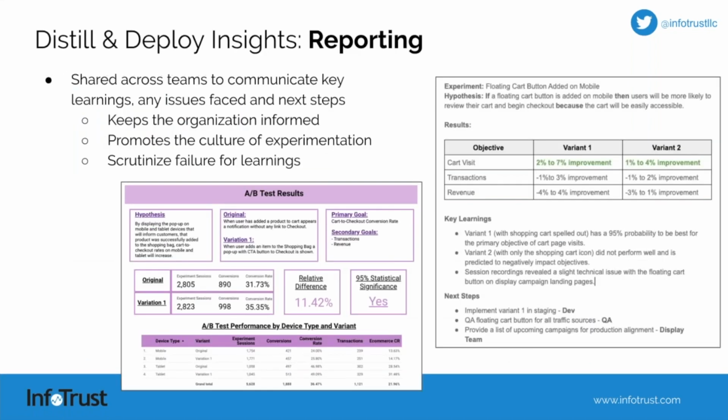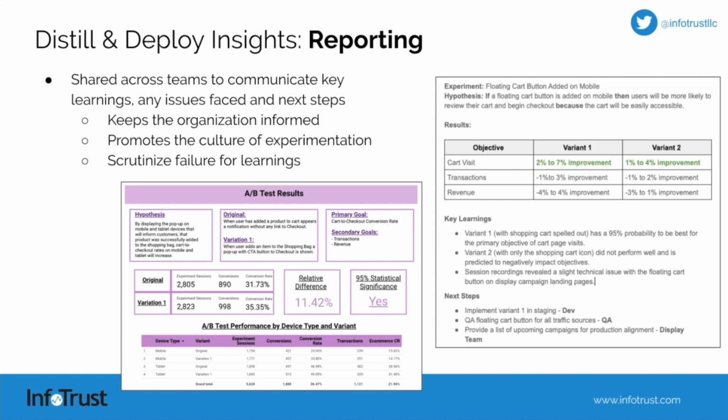And finally, when you've gone through Google Optimize and you've reviewed your results, we definitely recommend distilling and deploying those insights into reports. This makes it easy to share the results across teams to communicate key learnings, any issues you faced, and next steps.